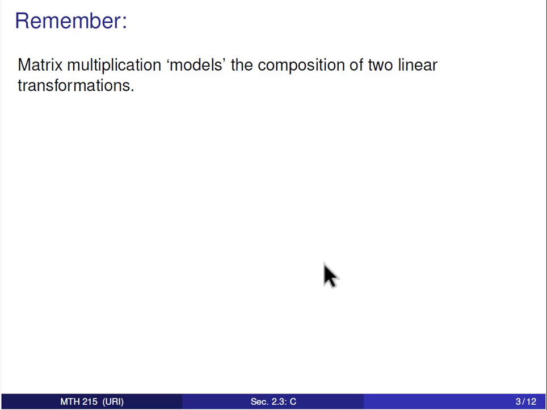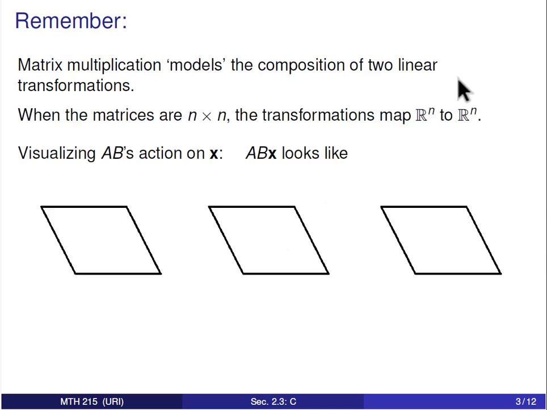To dive in, we want to recall a few things to prepare the way. We want to remember that when we first started talking about matrix multiplication, we talked about the composition of two linear transformations. Now that might be a bit hazy. You might want to go back and look at our first videos on matrix multiplication.